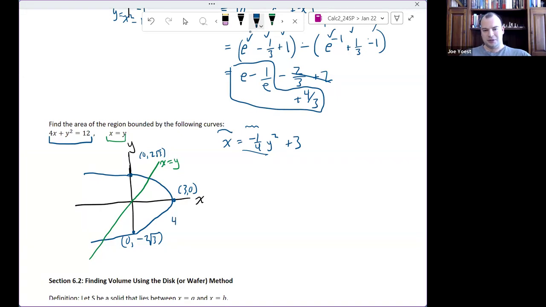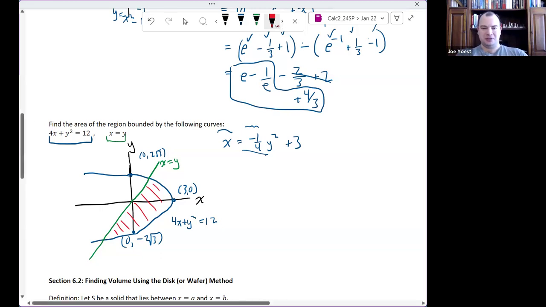This one is, what was it, 4x plus y squared equals 12. And this is the area that I'm interested in. See that there's only one finite area that is cordoned off by these two curves. Now, there's something kind of interesting about this area.